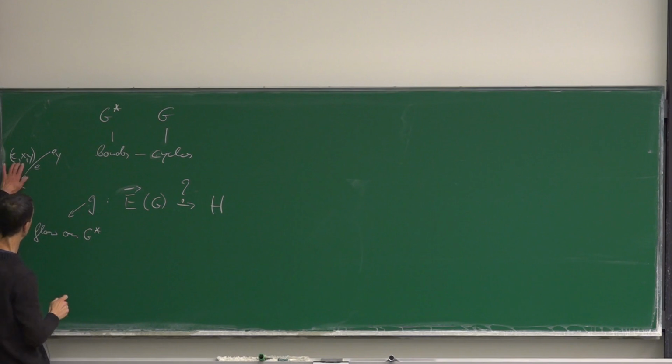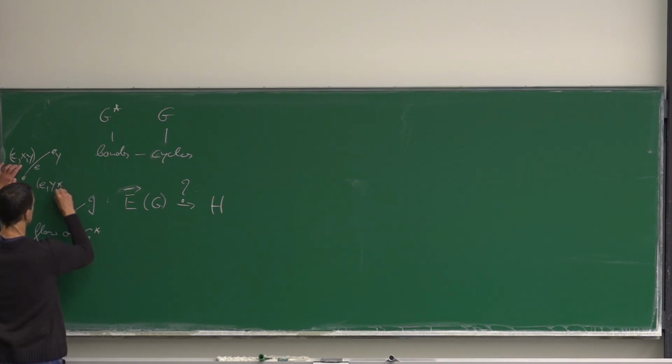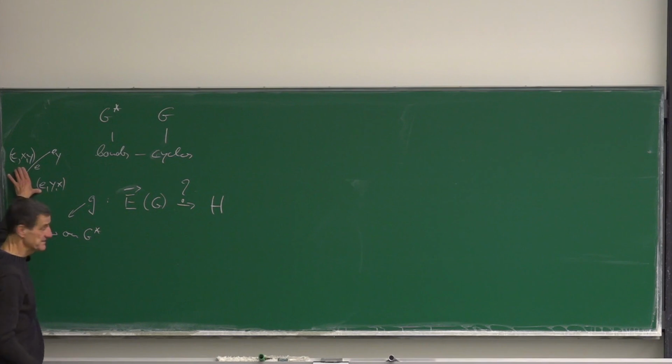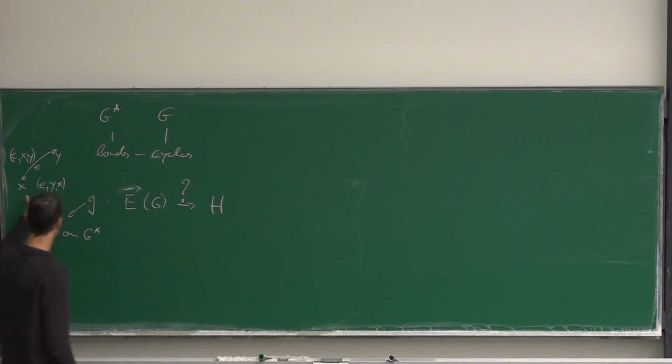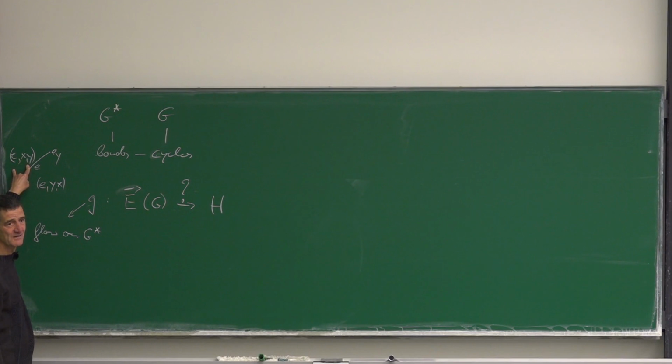So the two orientations were exy and eyx. Now, this is an oriented edge in G star, an orientation of an edge of G star, where the edge is also an edge of G, but this orientation doesn't make sense in G, because x and y are not vertices of G.